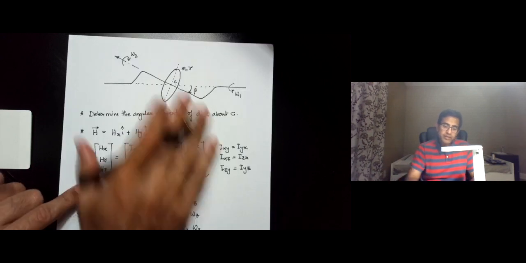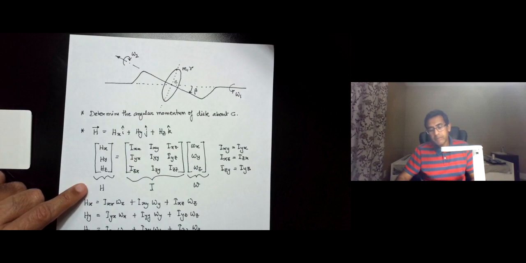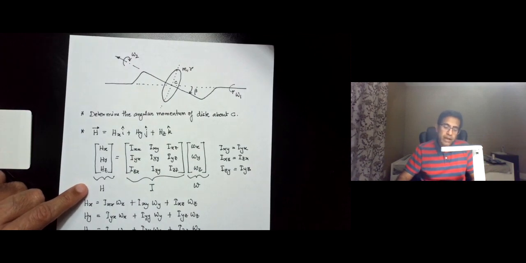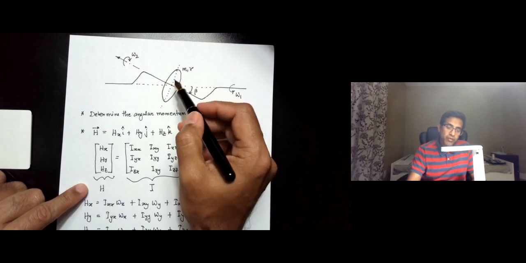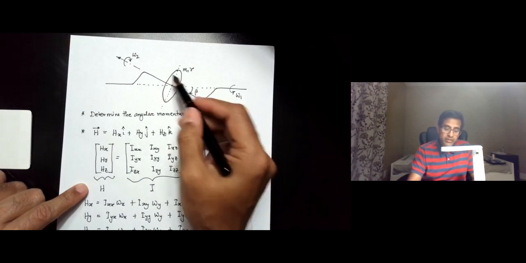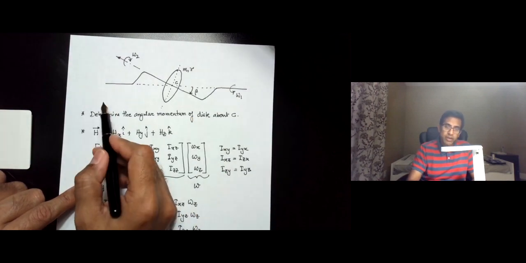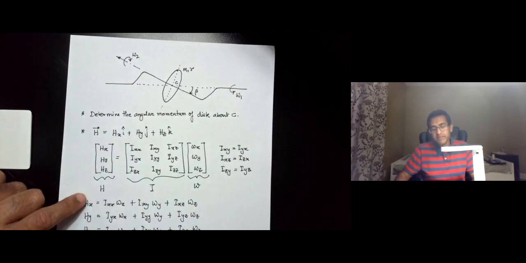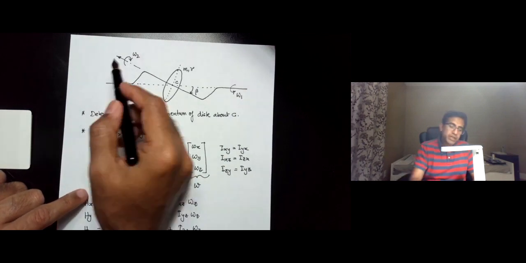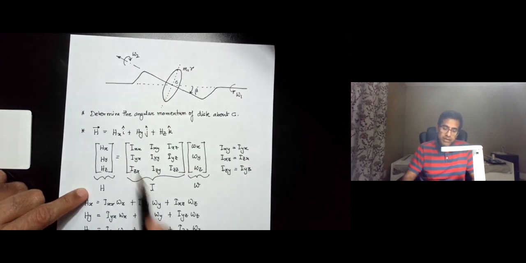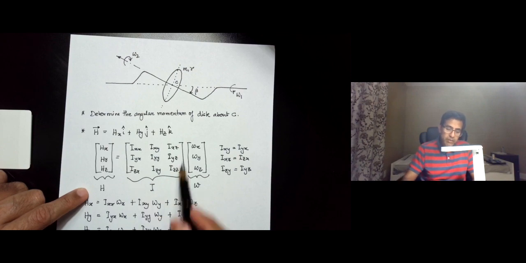Now if you consider this problem, if we were to calculate the angular momentum of this disk about an arbitrary fixed point, let's say a fixed point over here or any other place, what happens is that from an arbitrary point of reference, you can calculate these moments of inertia, but it will be a full matrix in the sense that you will have all these different components.